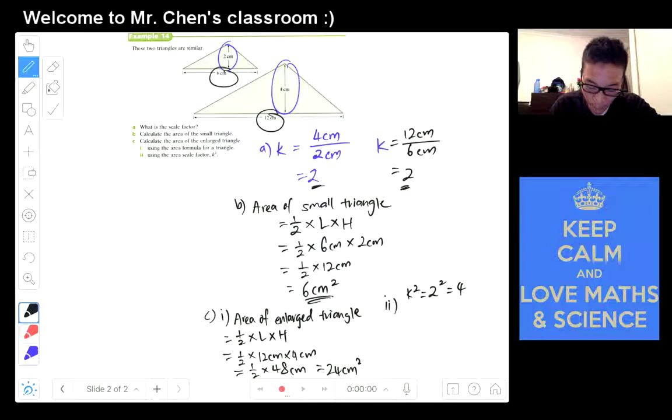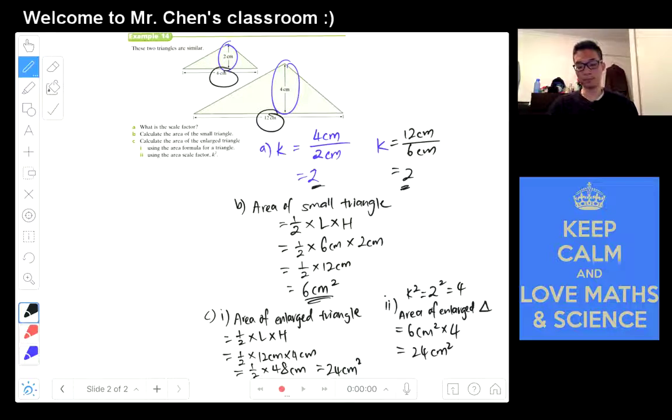So the area of the large triangle will be the area of the original, which is 6, times k squared, which is 4, and that is 24 centimeters squared. There you go. You got the same answer for both. It doesn't matter which one you use.